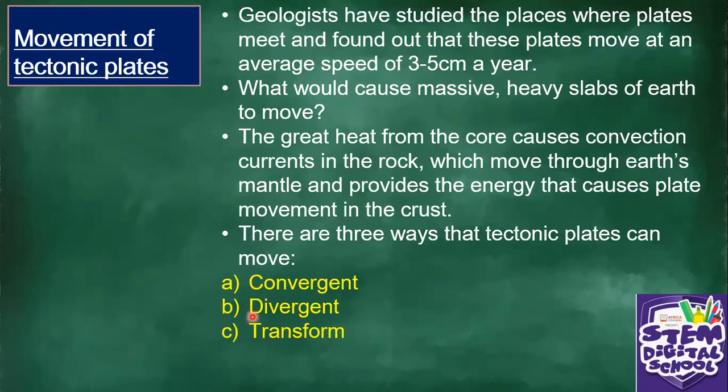B, divergent movement. C, transform movement. So all of these are movements. There are 3 types of tectonic plate movements. Let's look at them in detail.